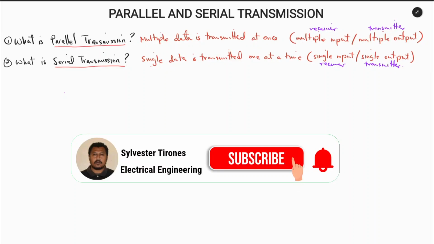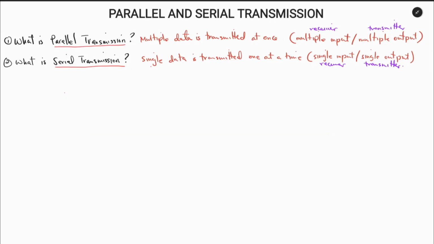Now let us discuss what is a serial transmission. From a block diagram perspective, we have device 1 and device 2, and we want to send information from device 1 to device 2 using a serial transmission.